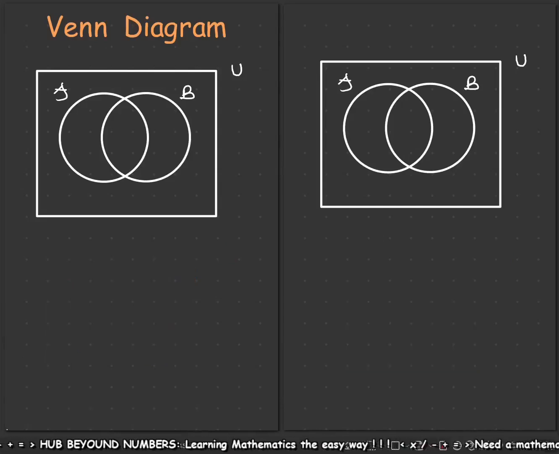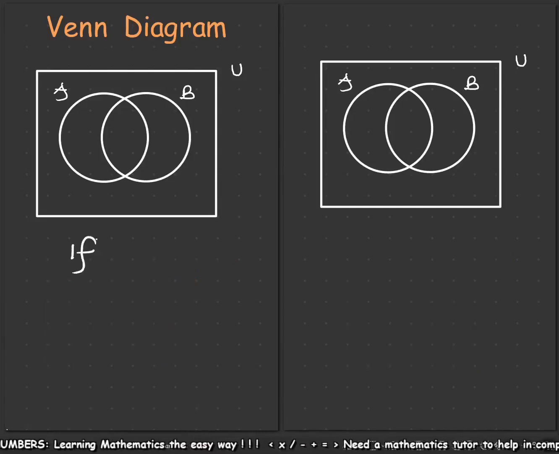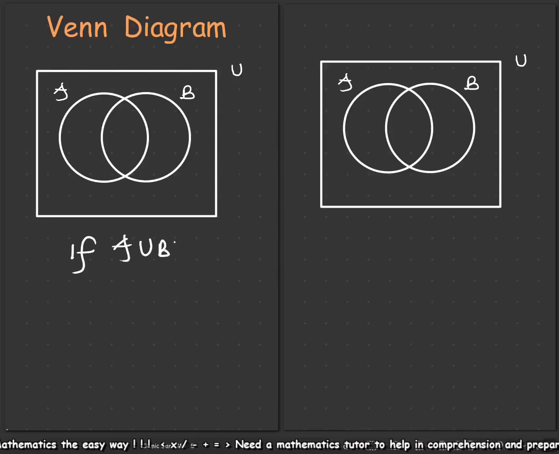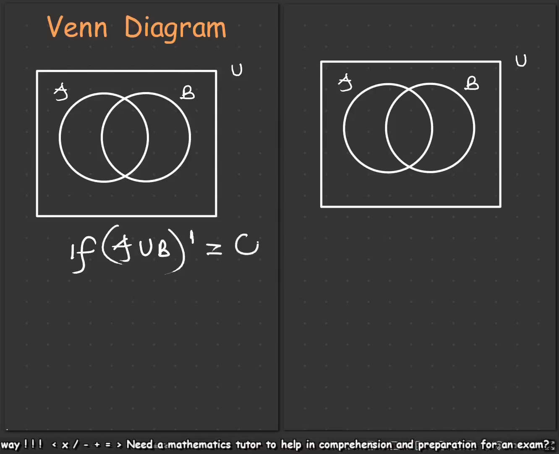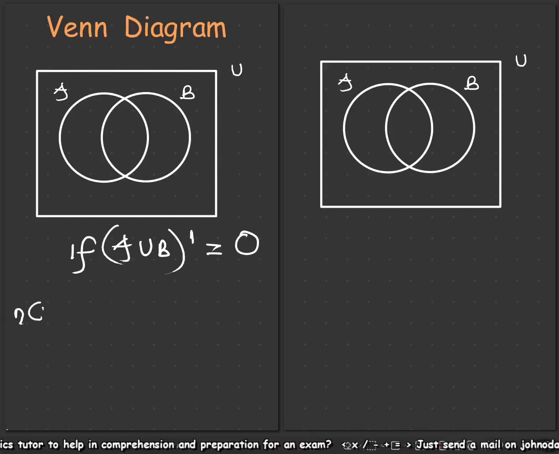So for the first case, if the complement of A union B is equal to 0, that is, there is no element over there, that is, if its cardinality is equal to 0, then we say our universal set is equal to the sum of the individual sets.